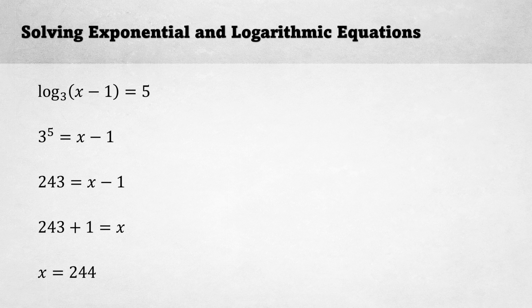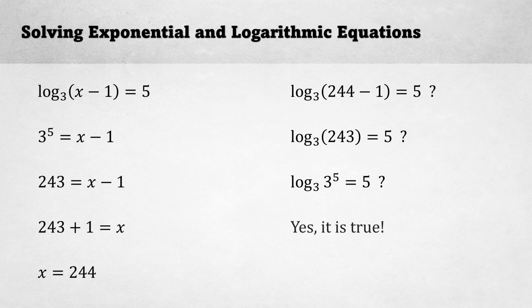Note that, unlike exponential functions, logarithmic functions have domain restrictions, so we need to check to see if this answer is acceptable. We plug 244 into the original equation and get log base 3 of 243 equal to 5, which in fact is true. So we can say x equals 244.